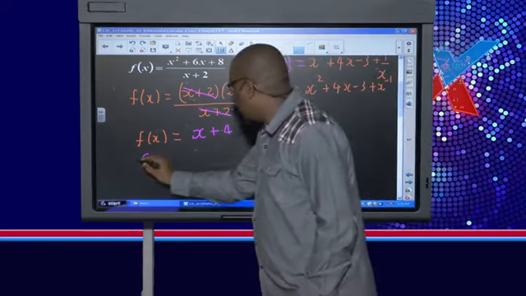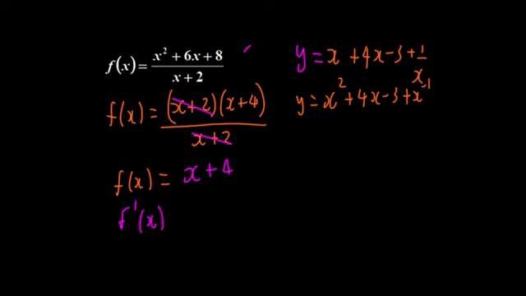So now we're going to say this is f prime of x equals. Now we said, according to the rule, we take the exponent, we multiply by the coefficient, and we subtract 1 from the exponent. So this is 1 times 1, which gives us 1, x to the exponent 1 minus 1, right?